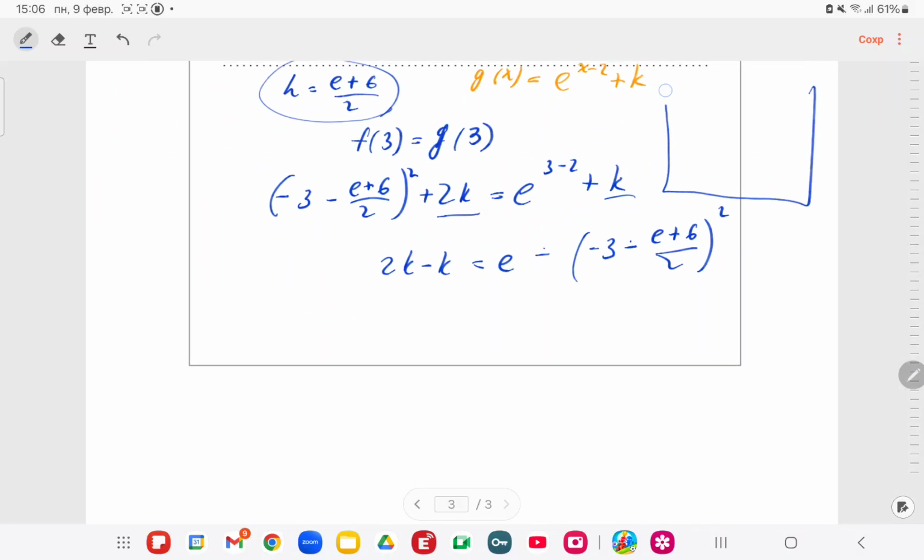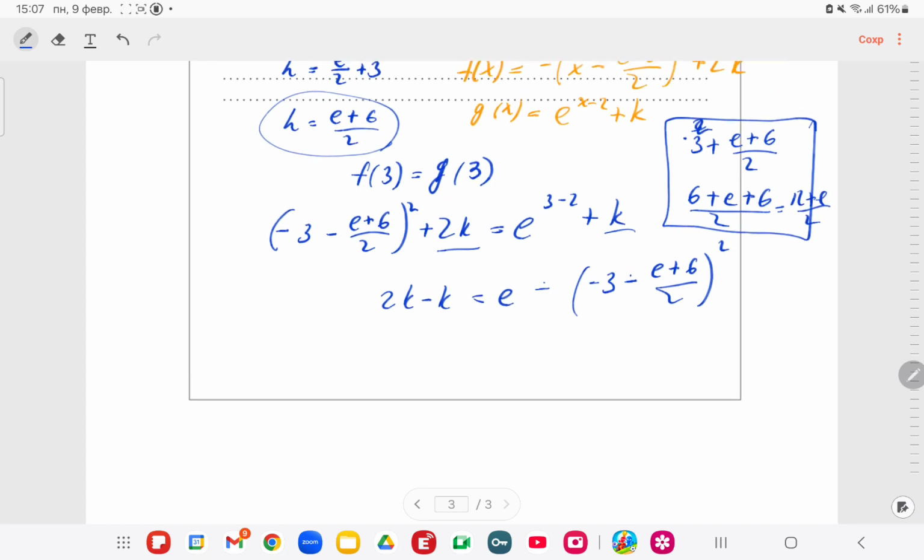It's not looking beautiful, right? So let's convert everything to positive. So it is 3 plus e plus 6 over 2. So it is 6 plus e plus 6 over 2, so it is 12 plus e over 2.